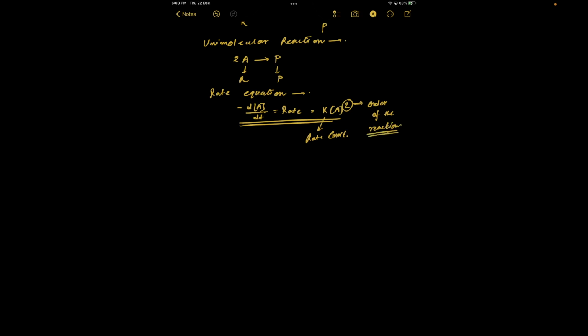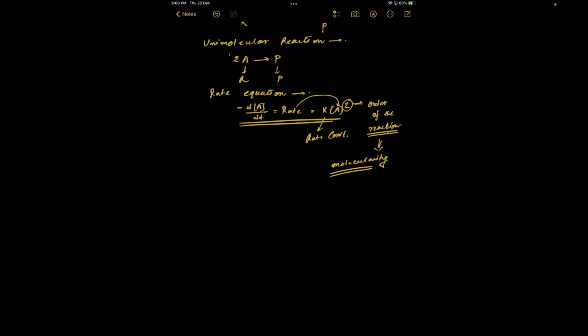That means the rate is varying with the square of the concentration of A. Now for this reaction, the order of the reaction is equal to the molecularity of the reaction. Molecularity means the number of molecules that are participating in the reaction process.